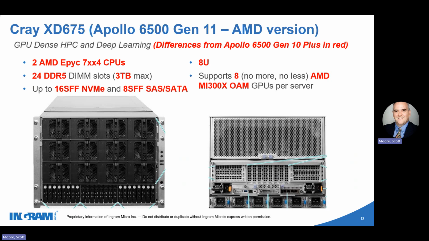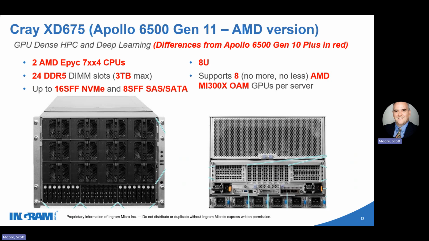And it supports up to 16 small form factor NVMe drives plus 8 small form factor SAS and SATA drives. If you look at the front of the chassis in the lower right here, you'll see there's 8 drives on the left and 8 drives on the right with the white dots on them. Those are your NVMe drives. Your 8 drives in the middle are your SAS and SATA drives. The chassis is 8U tall, and this supports 8, again, no more, no less, of the AMD MI300X OAM GPUs.